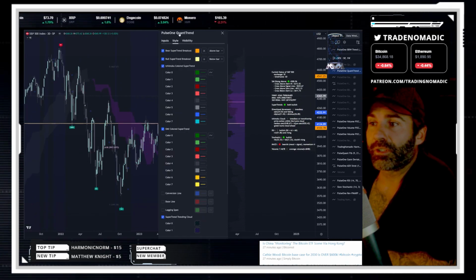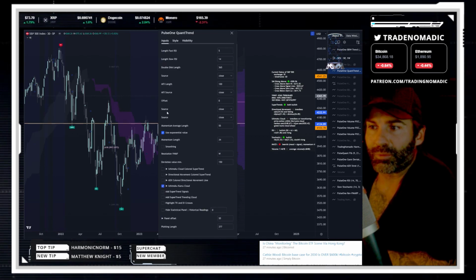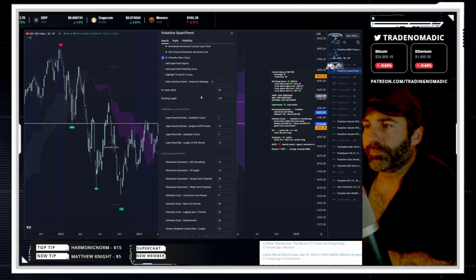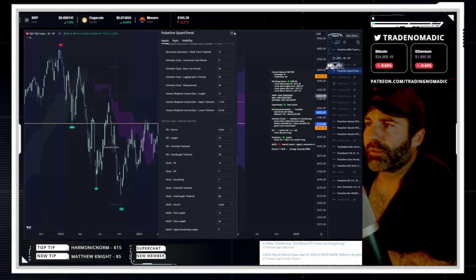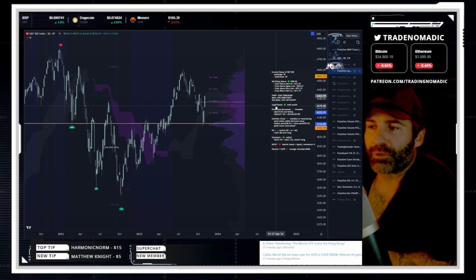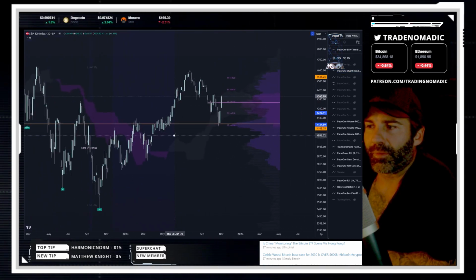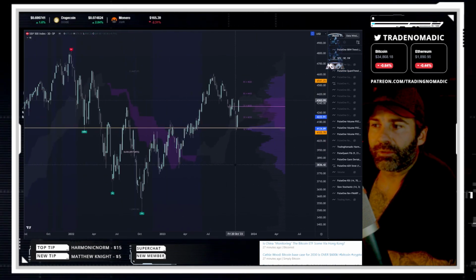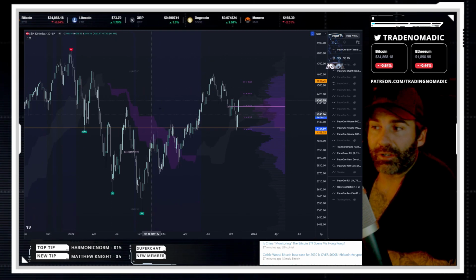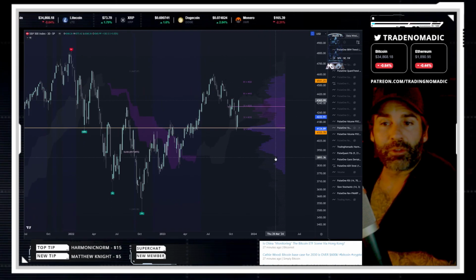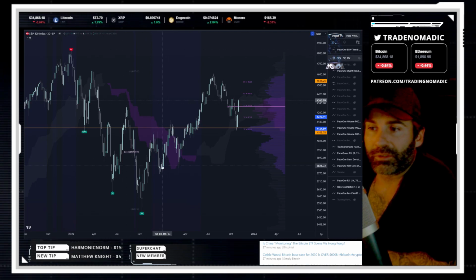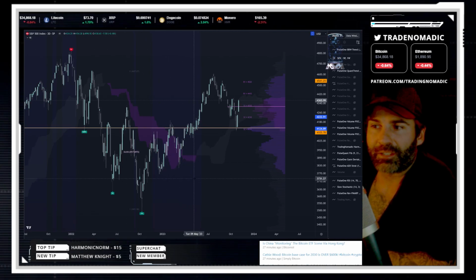I've got a version of Quant Trend where the VWAP bands are built in as well. You've got a whole bunch of stuff for trend-based analysis built right in. So using the Ichi cloud, and some of the other stuff we talked about, alone is a strategy. You could easily make a strategy out of it.